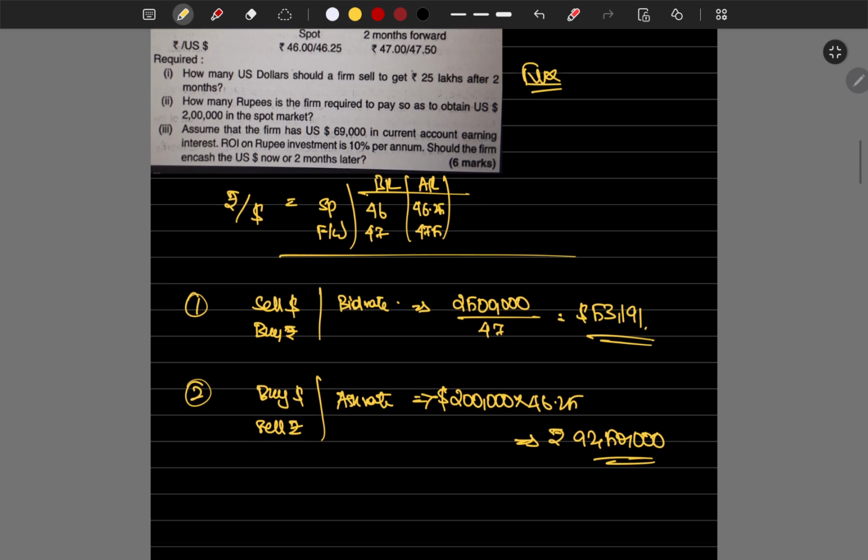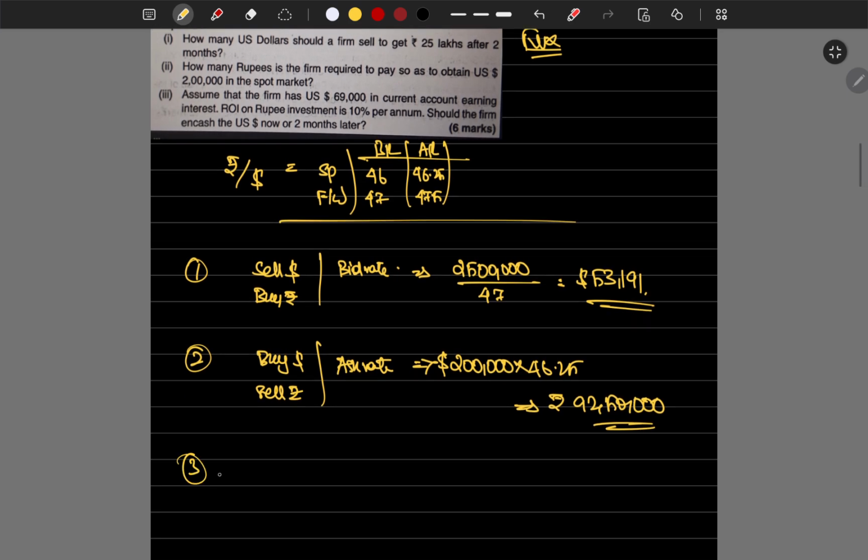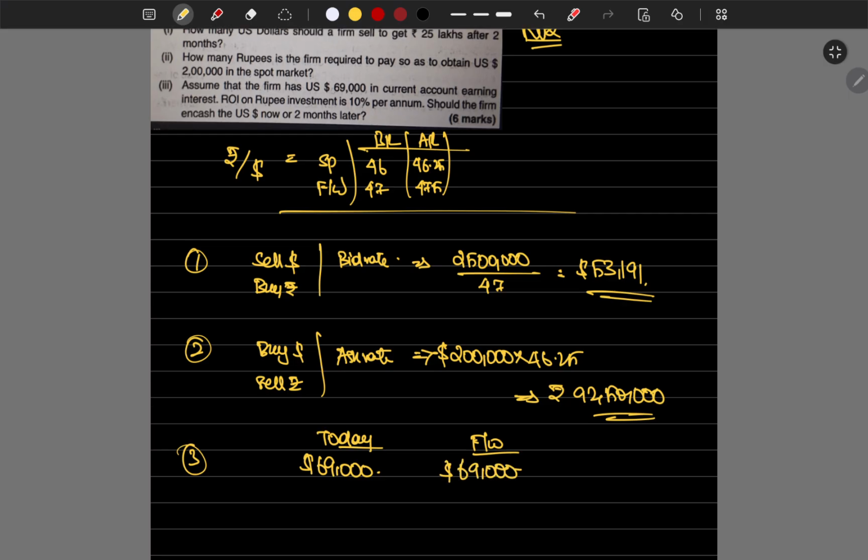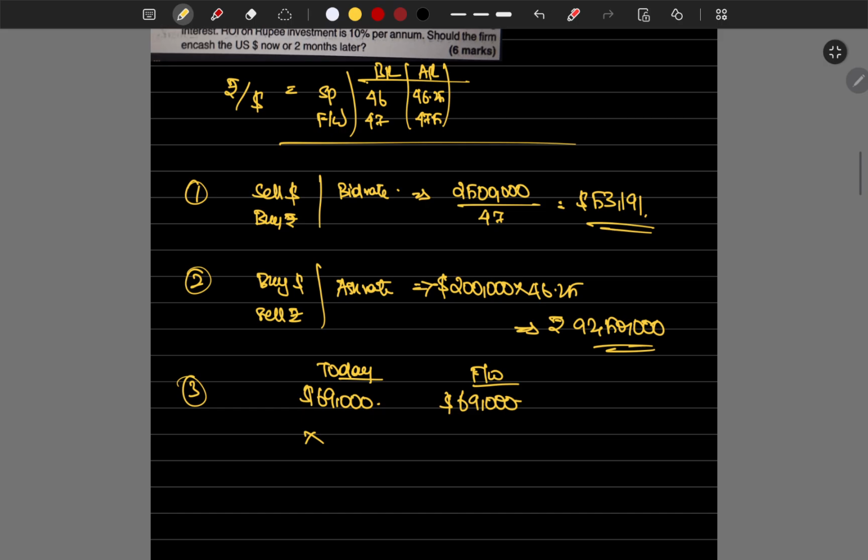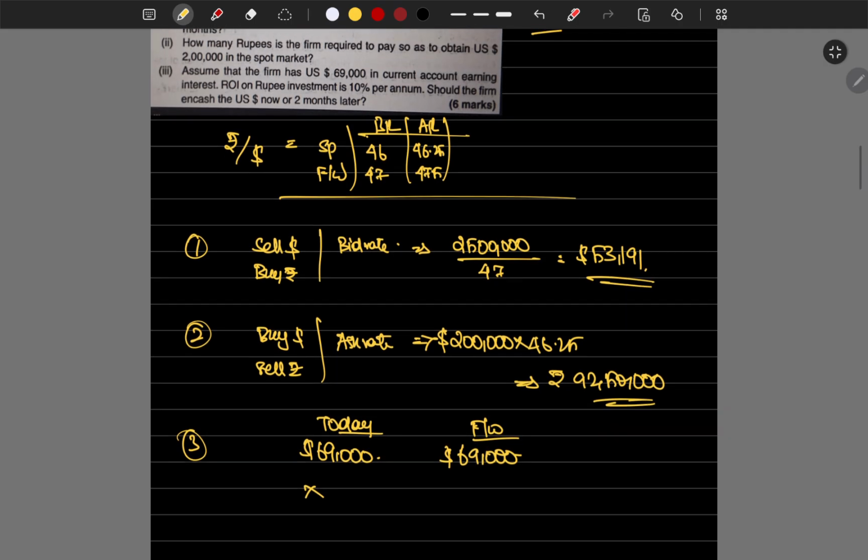Okay, then assume that the firm has $69,000. They're thinking whether to encash it today or after 2 months, because if they are encashing now, they have the opportunity to get 10% per annum for 2 months. Forward market. If they are selling the dollars, the dealer will buy at the bid rate.